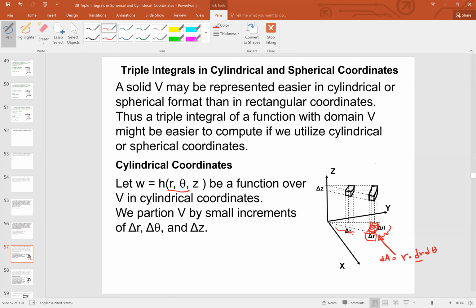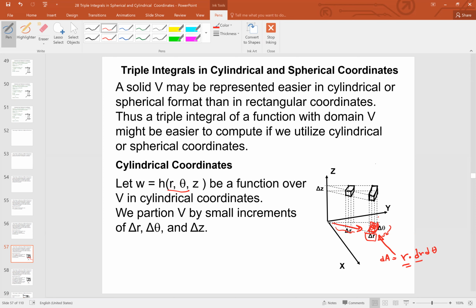That depends on how far these pieces are from the origin, because as you go out, that piece gets bigger and bigger. So you have to account for the distance r, multiplying dr d theta to obtain the rough area of this little wedge, little piece of plane.